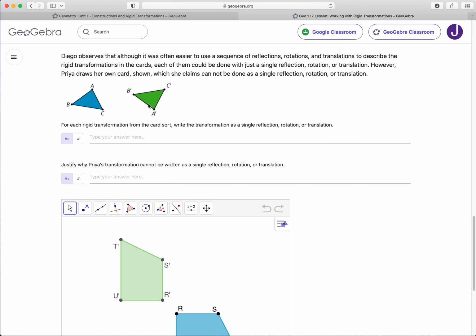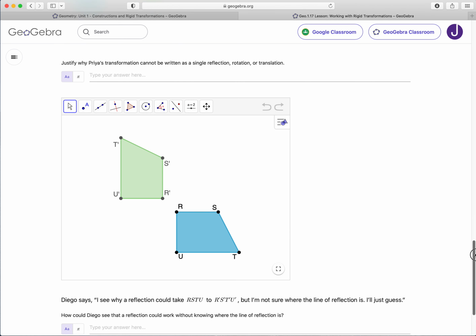Could we try to do this? How do we do this with one step? Well, I can get B and C to line up in one step, but then there's another reflection involved because of A. If I put B on B prime and C on C prime, the A would still be up here and I would still have to reflect it down to get to that A prime. So it wouldn't work. Okay.